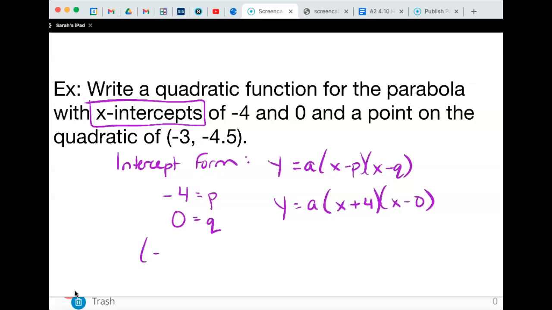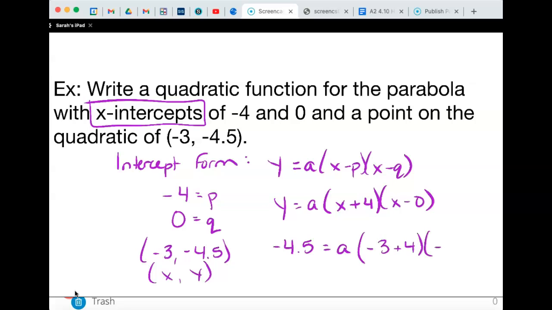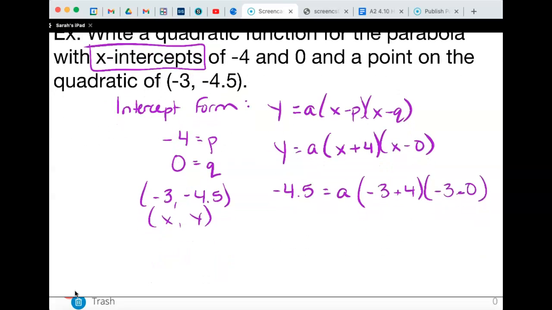Gotcha. So negative 3, negative 4.5, this is your x comma y value. So we're going to plug that in. So negative 4.5 equals a times parentheses negative 3 plus 4, times parentheses negative 3 minus 0. Minus 0 isn't doing anything. I don't technically need to write it, but I did.